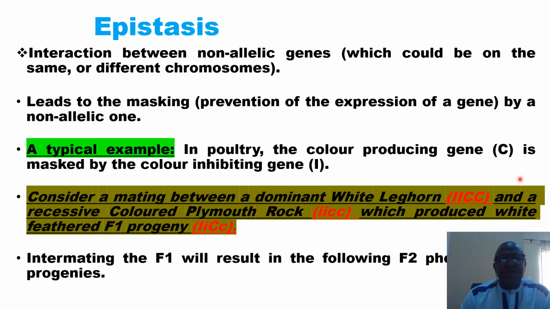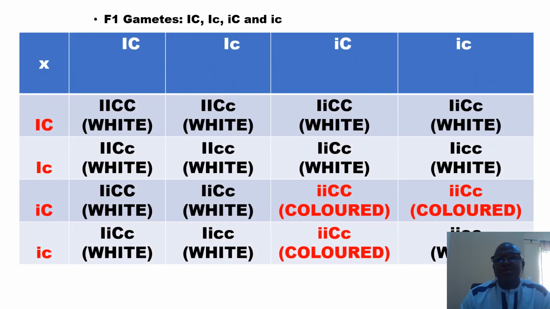So when we intermate the F1, we'll get the following results and progeny. So these are the gametes of the F1, and intermating will produce these progenies. So anywhere there is capital I, it will prevent or mask the expression of its non-allele, which is capital C, such that the resultant F2 generation will be in this ratio.